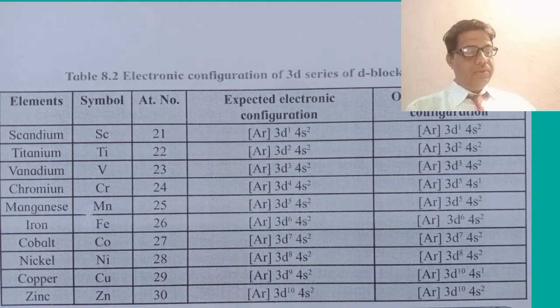The lower energy level 4s fills first and then the higher energy level 3d fills after the 4s. So the short form electronic configuration is argon in bracket 3d1 4s2.